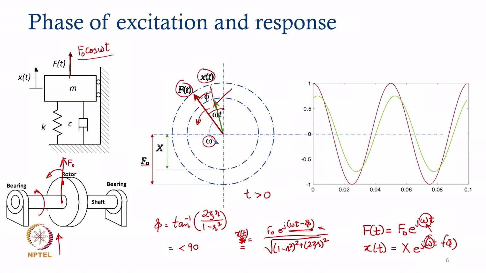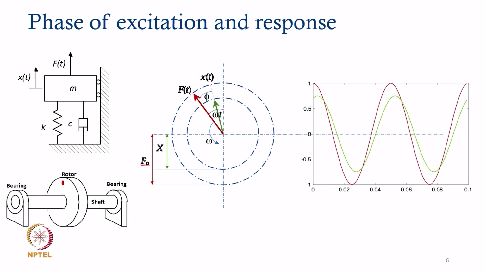And so, if I show this to you, the projection of the tips of these vectors on the time versus amplitude graph is shown here. The red one, which is the force vector, is shown by this particular curve, which is f of t, and for the green colored vector the curve is x of t.